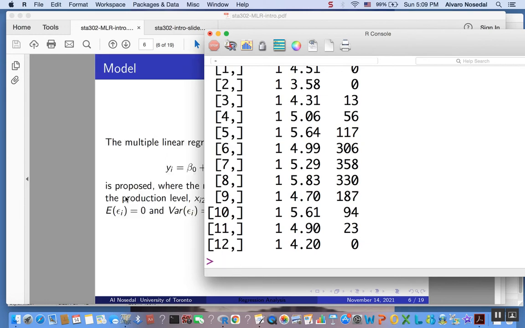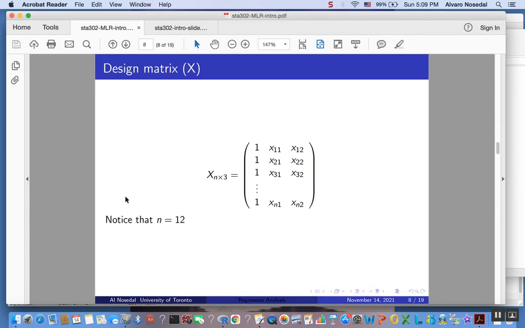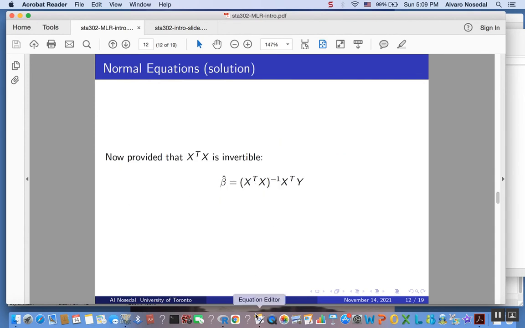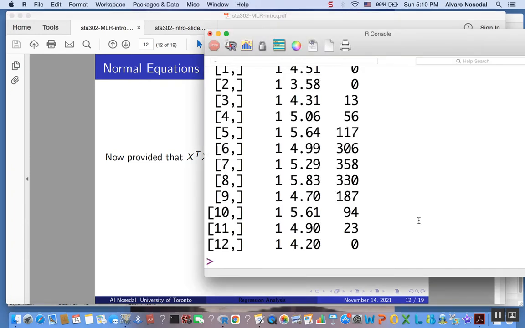Now, let's go back to our beautiful expression for beta. Let's see if it works. We know that we have to do something like this. We have to use that expression, x transpose x inverse x transpose y, right, if we're going to be finding it using matrix multiplication. So let me call this beta.